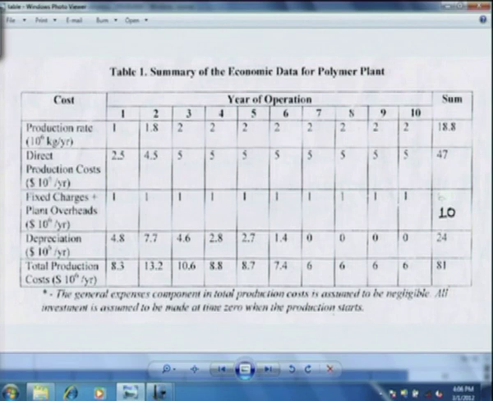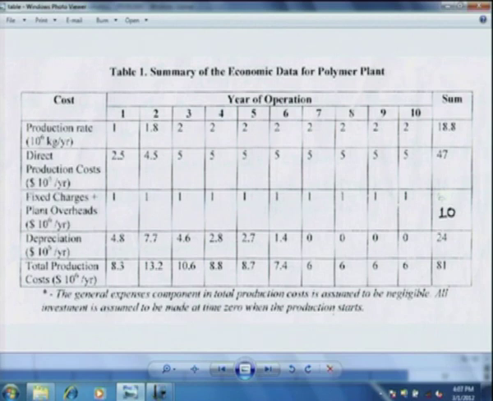The depreciation in the first year is $4.8 million, second year 7.7, then 2.8, and the total depreciation over 10 years is $24 million, and the total production cost varies, like first year it is 8.3, second year 13.2, third year 10.6, fourth year 8.8, fifth year 8.7, sixth year 7.4, and seventh year onwards it is $6 million.